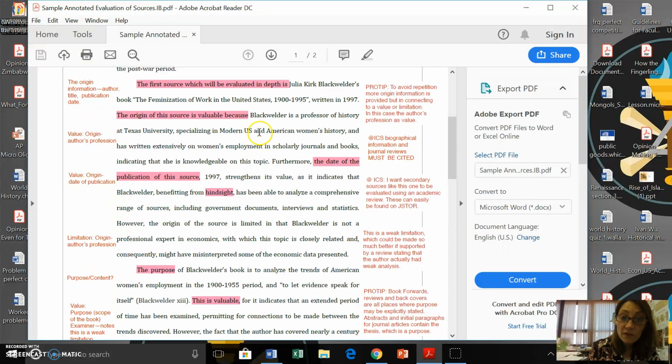The origin of the source is valuable because Blackwelder's a professor of history at Texas University, specializing in modern U.S. and American women's history, has written extensively on women's employment in scholarly journals and books, indicating that she is knowledgeable on the topic. Okay, so in some way, the source origin is in its own right a value because we have the right person talking about this topic.